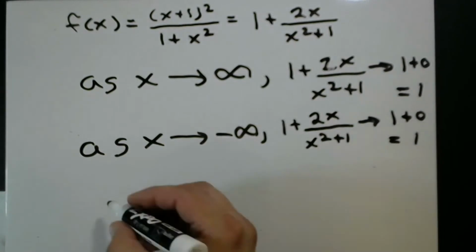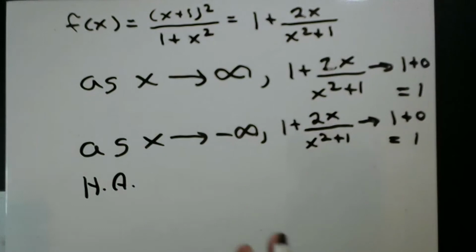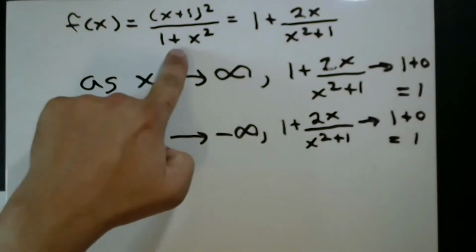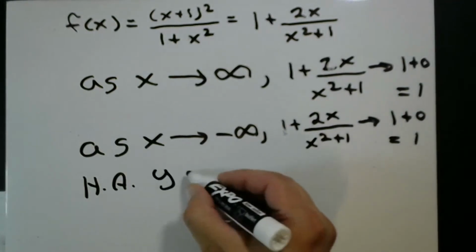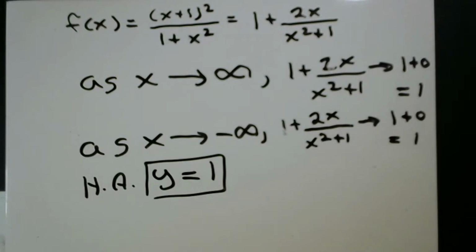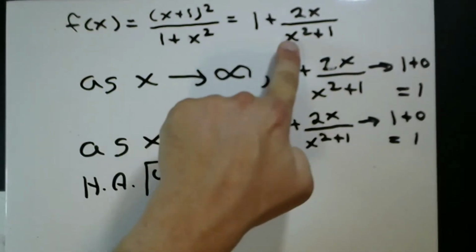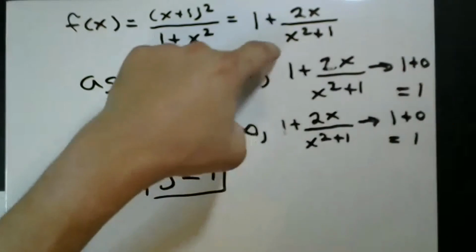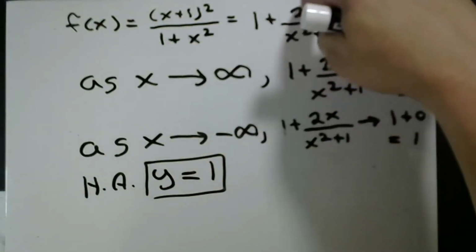So what this says is that the horizontal asymptote, in other words, as you go farther and farther down the x-axis, this function becomes practically 1. So this function, which is equal to this, as you go farther down the x-axis, this becomes practically 0.